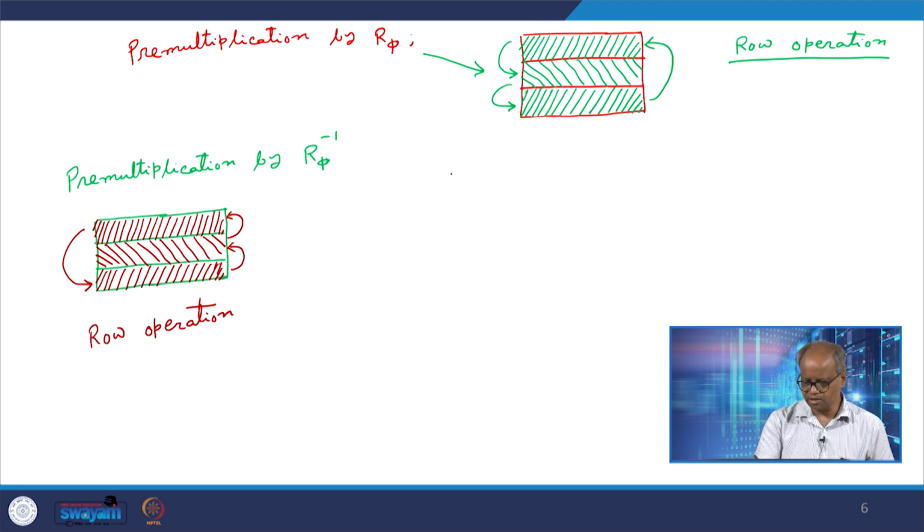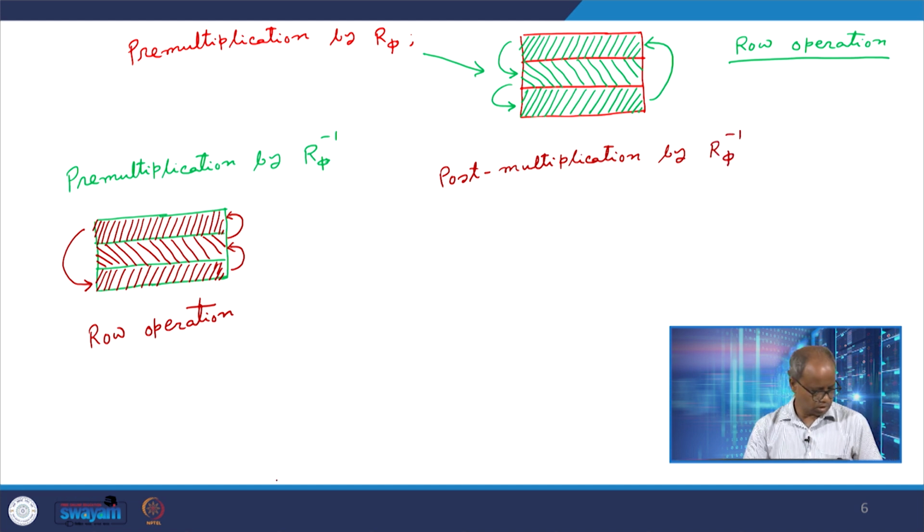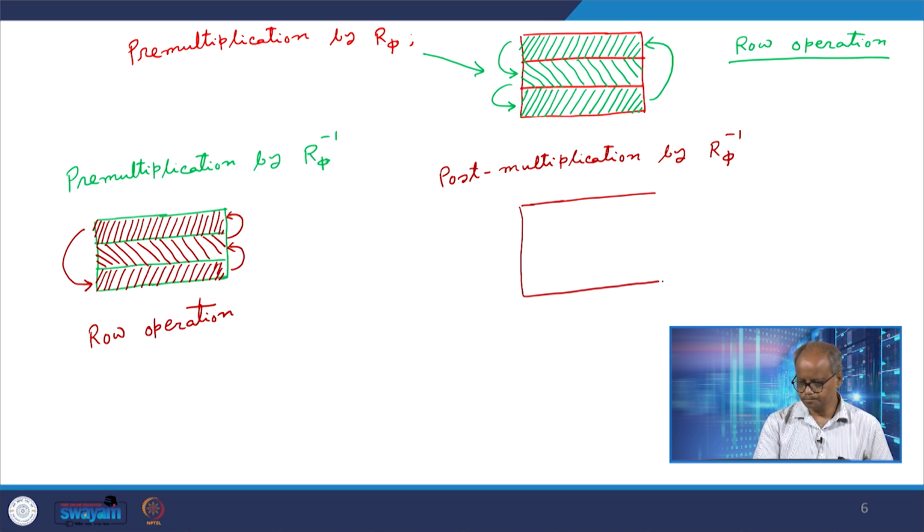Let us now look at post multiplication by R phi inverse.